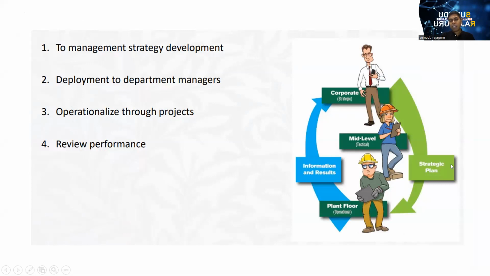Then the strategic plan, strategic development is done by the middle level management. Then implementation has to be done by the plant level management through several projects. Then we have to measure the performance also in time.